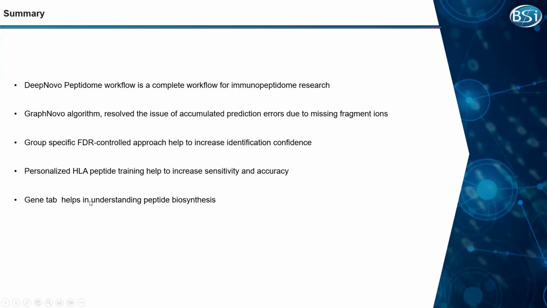We have personalized HLA peptide training, which helps increase sensitivity and accuracy for identifying peptides. And we have this all-new gene tab to understand peptide synthesis and visually help you map your peptide to its gene origin.